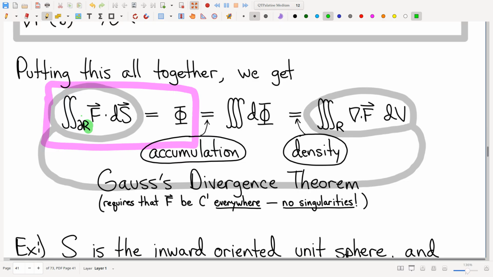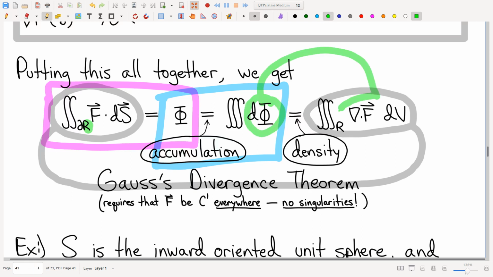We have here a quantity defined on three-dimensional regions. We've made the case that it's an accumulating quantity. It holds the sum of the parts, that's all that says. And any accumulating quantity has a corresponding notion of density.